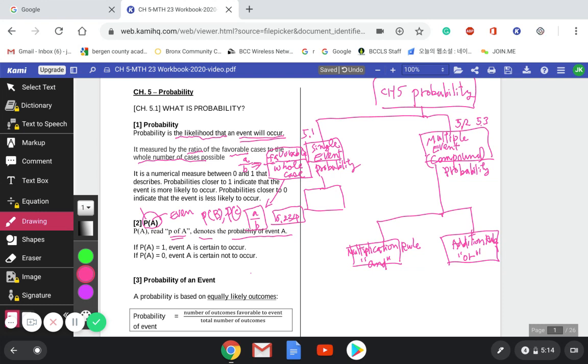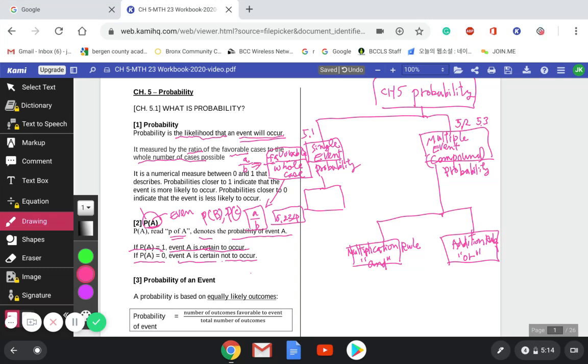If P of A is 1, the event is always happening. And you also have to know that when the probability is 0, event A would not happen at all. So that's the indication we have: 1 has always happened and 0 has never happened.